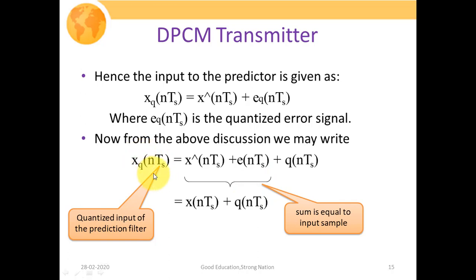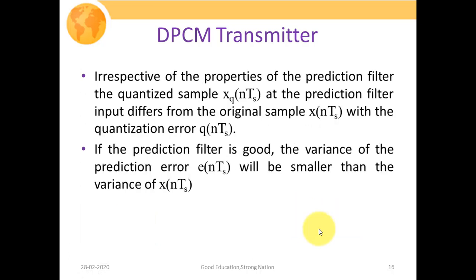So x_q of nTs is the quantized input to the prediction filter, and the summation gives us the input sample value. Irrespective of the properties of the prediction filter, the quantized sample value x_q of nTs at the prediction filter input differs from the original sample x of nTs by the quantization error q of nTs. This is what we had already seen through the block diagram of the DPCM transmitter.